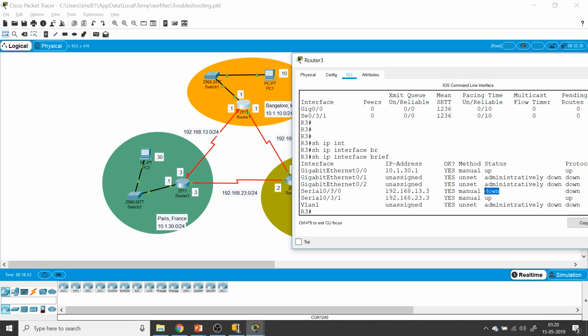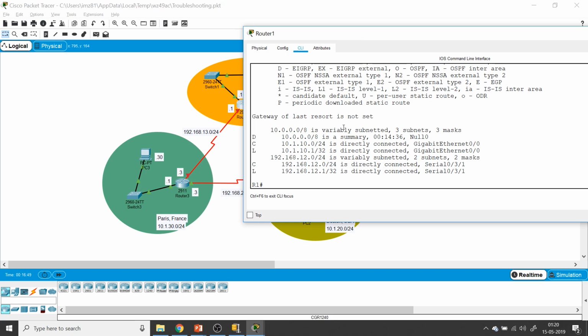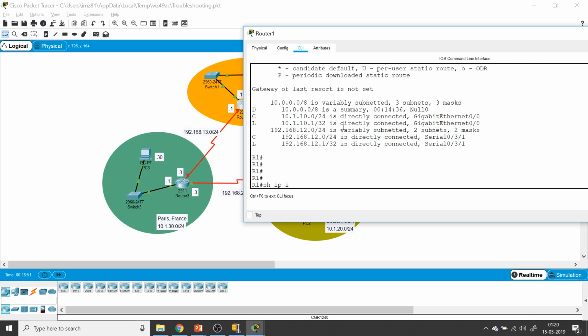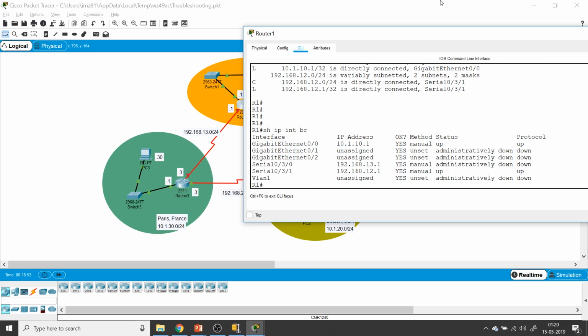It is down, it's not administratively down. That means there's no problem on this side. Let's go to router 1, show IP interface brief, and we see this has been administratively put down. So that is one of the reasons why there is no EIGRP working on that.